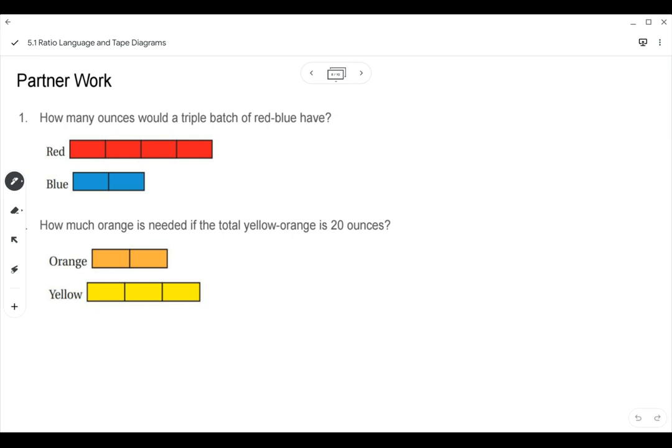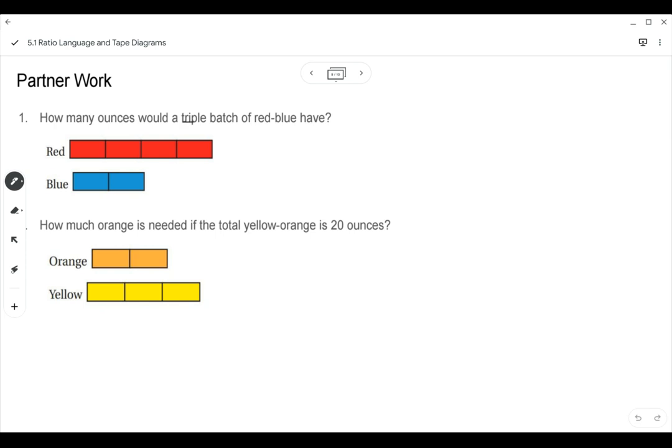So for some partner practice in class, we looked at how many ounces would a triple batch of red blue have, and how much orange is needed if the total yellow orange is 20 ounces. If you didn't do this in class, I encourage you to pause the video and try this on your own. I'm going to go ahead and begin solving.